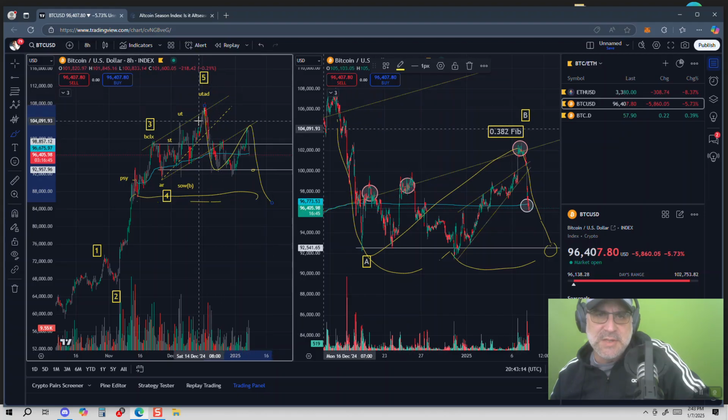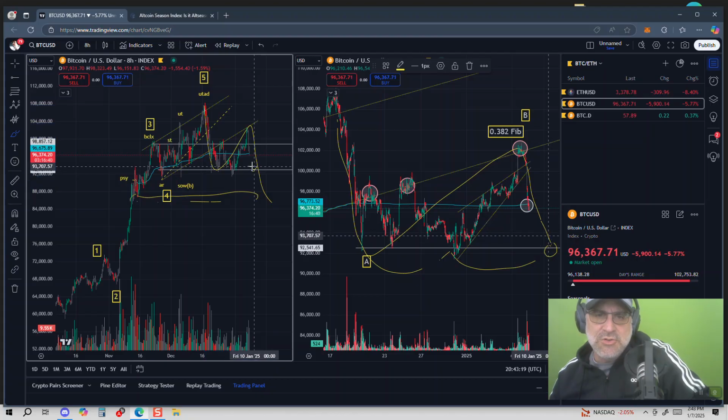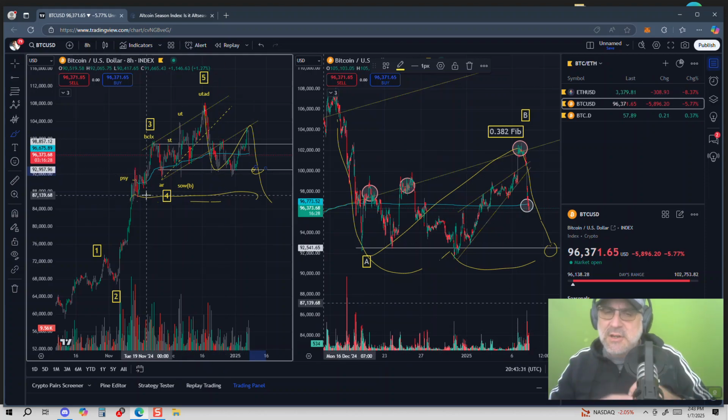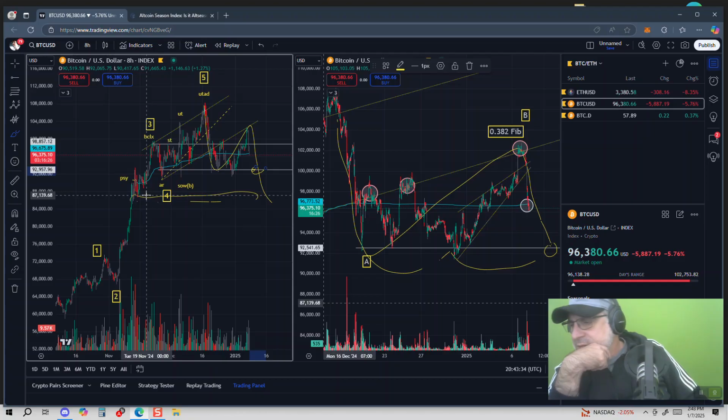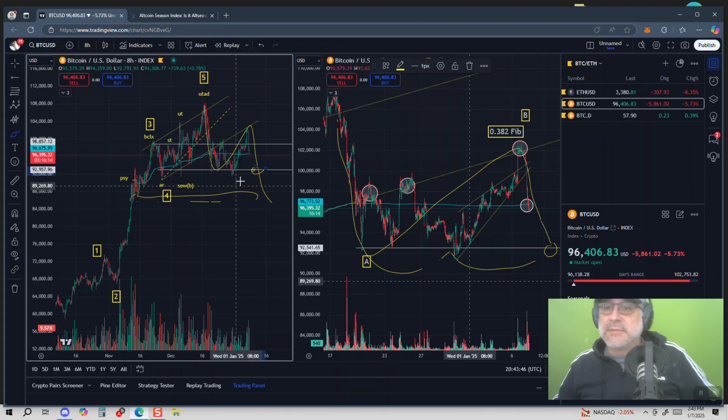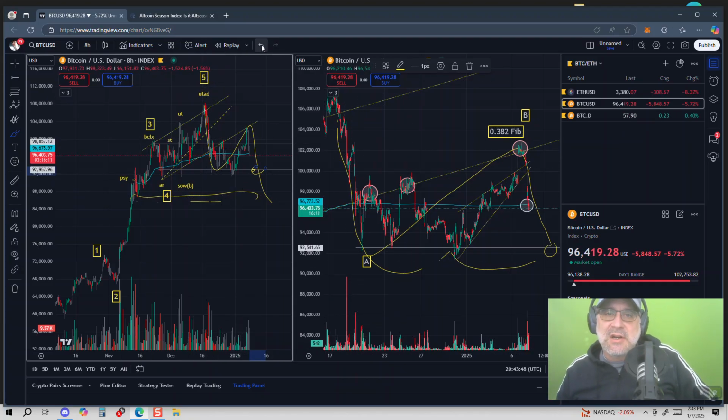So this would be the A, and then the B like we have here, and the C. If the C goes through trading range support, as it were, or the support zone of this lateral trading range, 92,000, then I think we're going down to the next liquidity void, which would be 85, 86 grand. Yeah, and that's entirely feasible. So I'm keeping my eyes open for that.